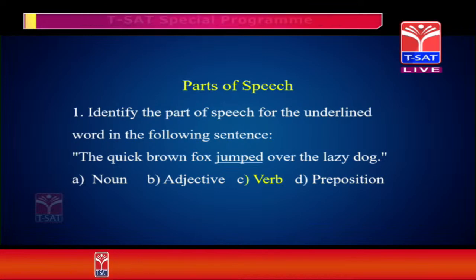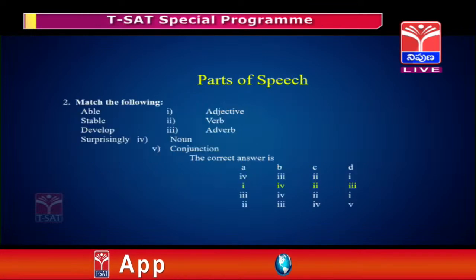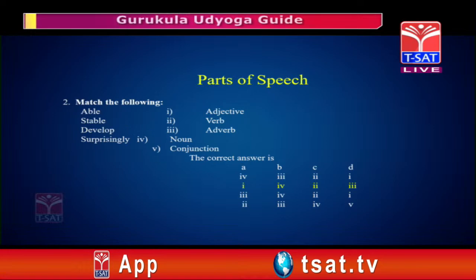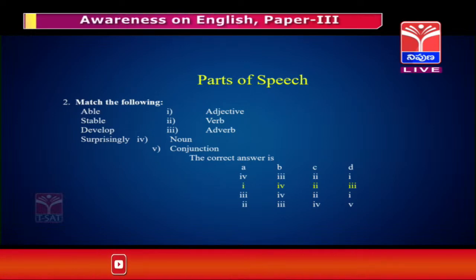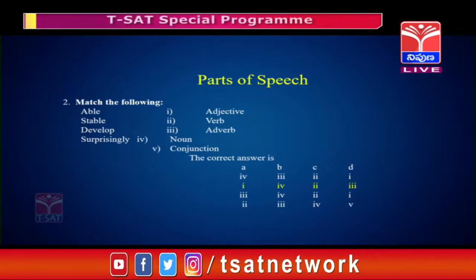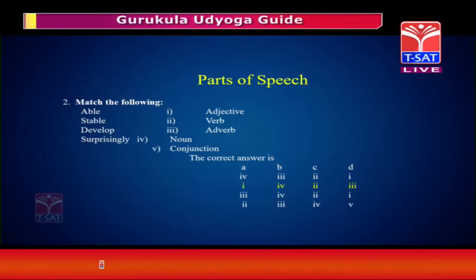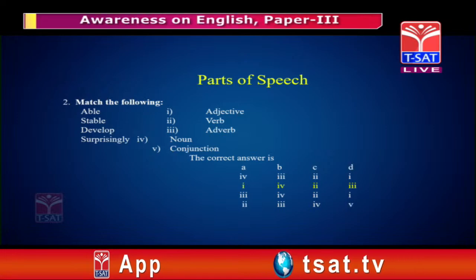Coming to the other way of asking questions on this, here they can give you "match the following." A set of words is given to you under column A and a set of words is given to you under column B. Column A and column B you need to match. Suppose you can see the first one is allow, and these words are develop and surprisingly.